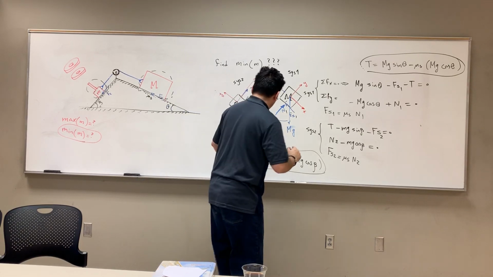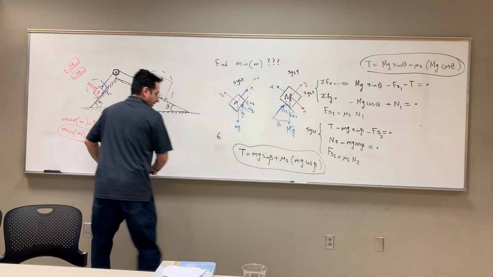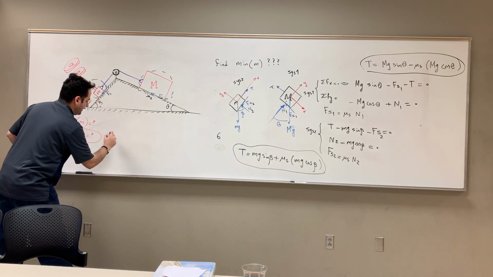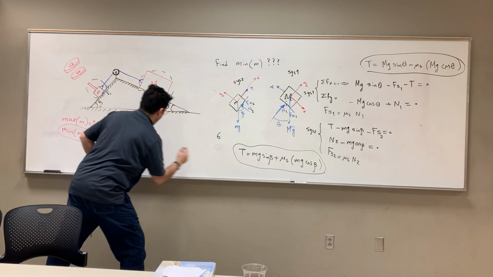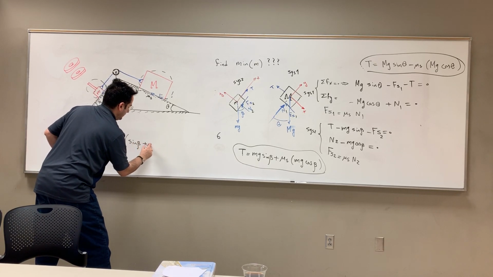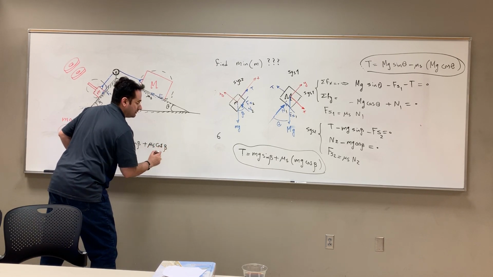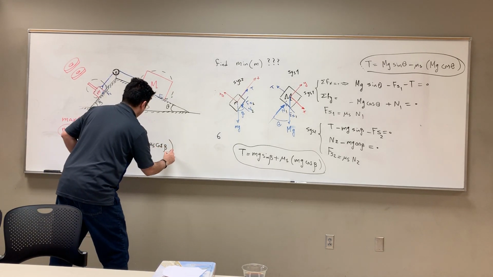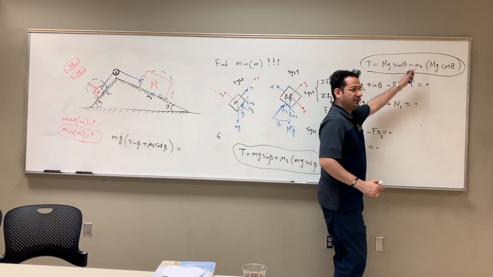So T, which is mg, let's write it here: m g times, factoring out mg, sine beta plus mu S cosine beta. This is T, which should be equal to this one, right?